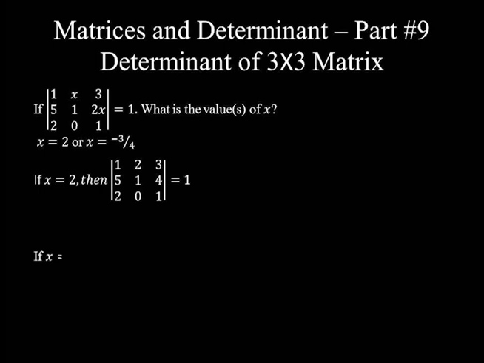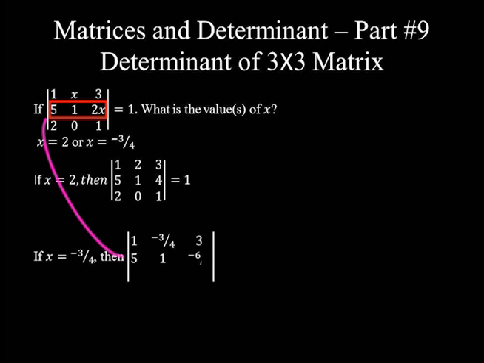If x equals negative 3 over 4, then the matrix becomes 1, negative 3 over 4, 3 in row 1, 5, 1, 2 times negative 3 over 4 is negative 6 over 4 in row 2, and 2, 0, 1 in row 3. Again, if we solve the determinant of this matrix, we will find 1. You can calculate the determinant by yourself.